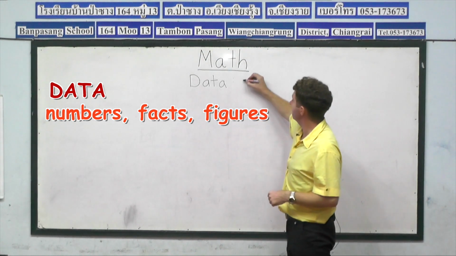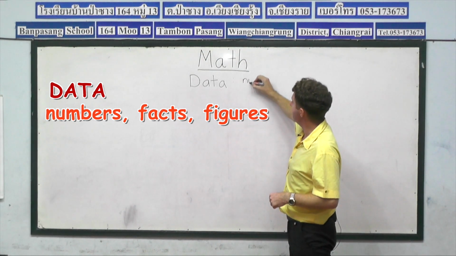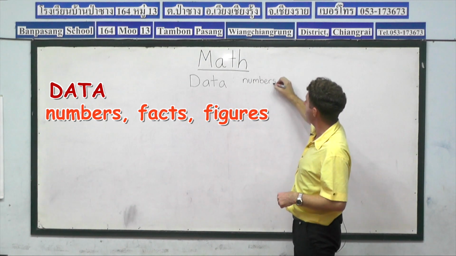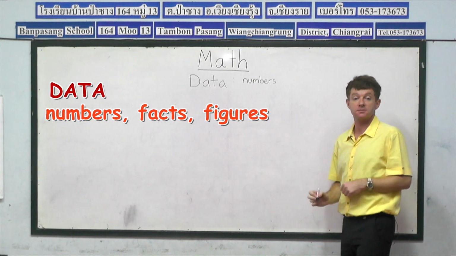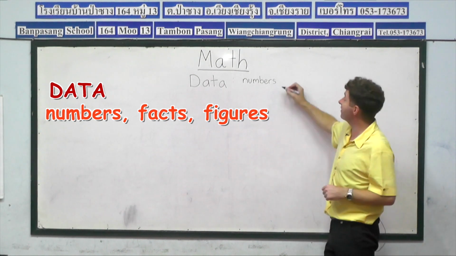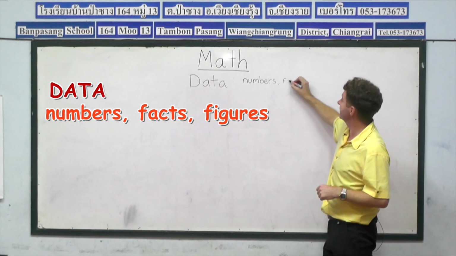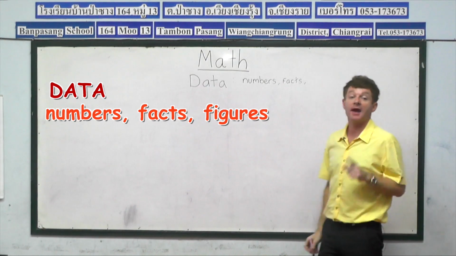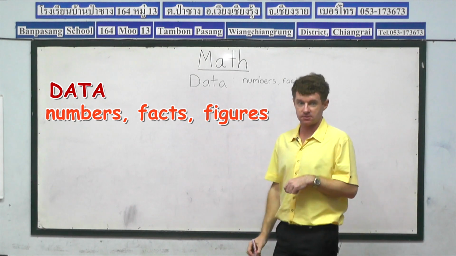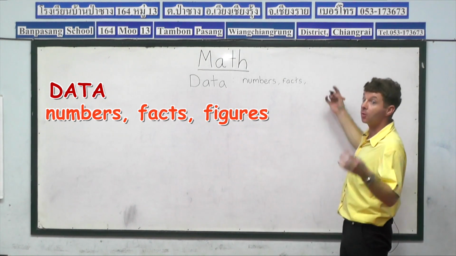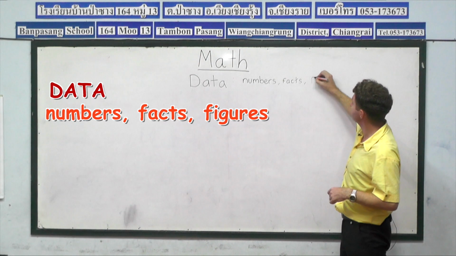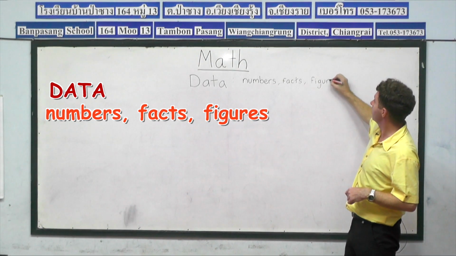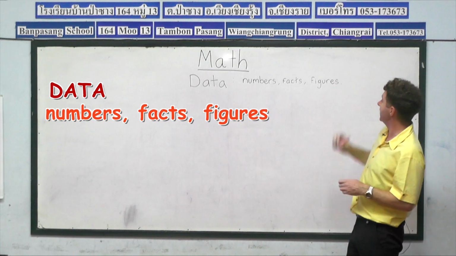Okay? Data is numbers, N-U-M-B-E-R-S. Numbers, or it can be facts, F-A-C-T-S, and also figures, okay, which is numbers together, F-I-G-U-R-E-S.